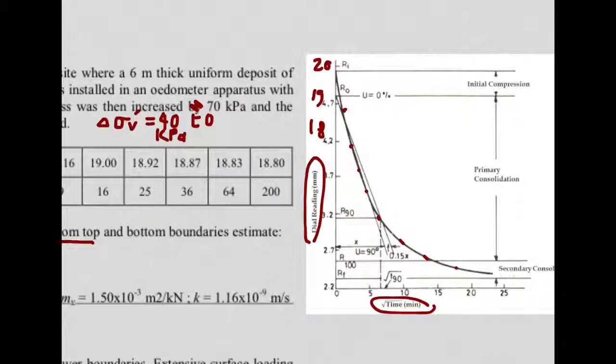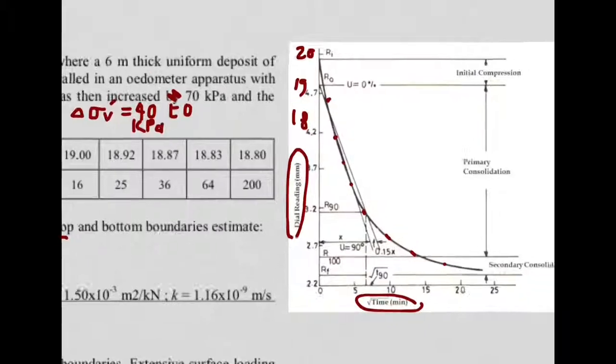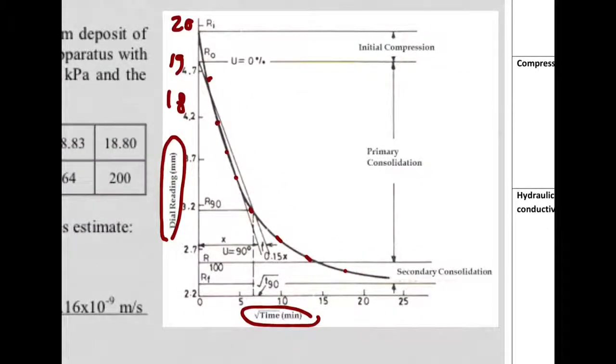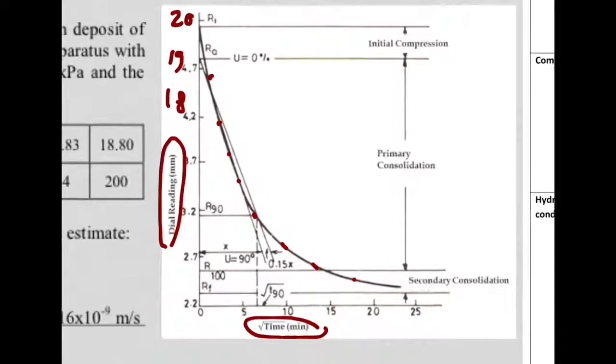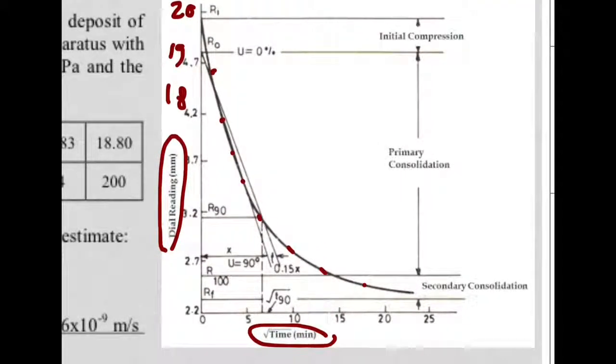Since we are plotting square root of time versus the settlement, this is what we call the Taylor technique for finding the CV. Once you plot the points, the method says to try to find the straight portion of this curve.